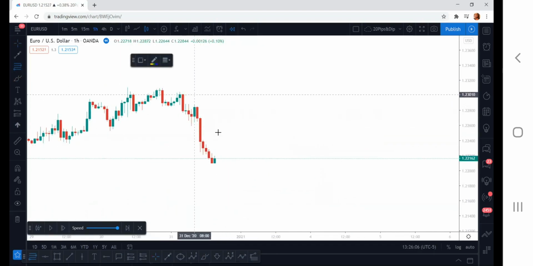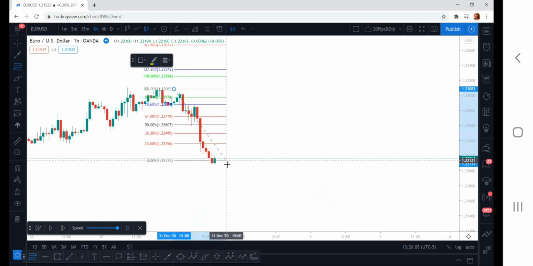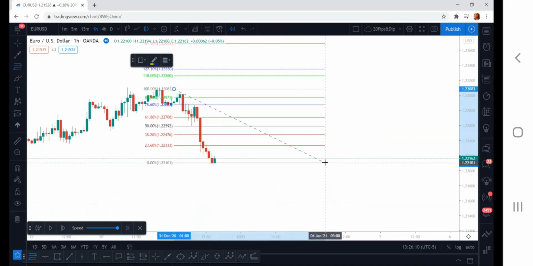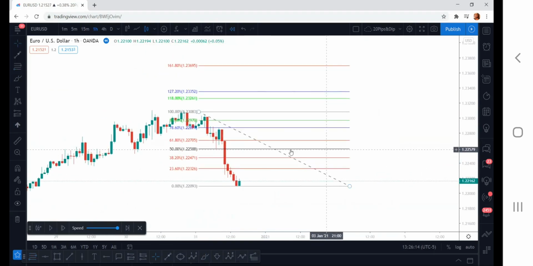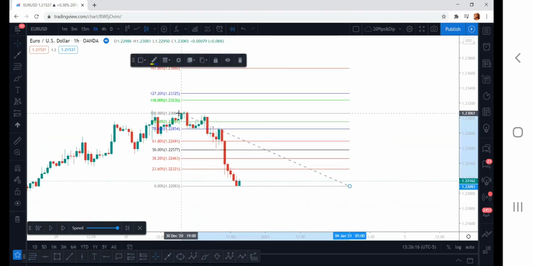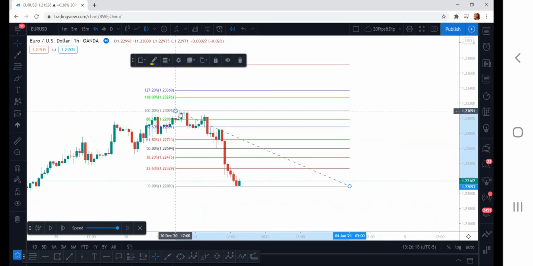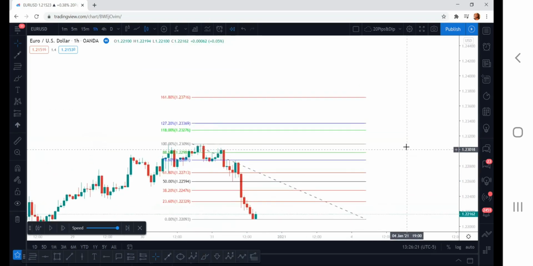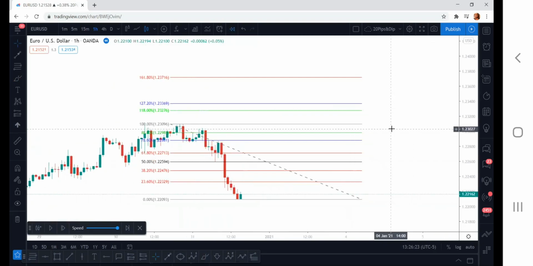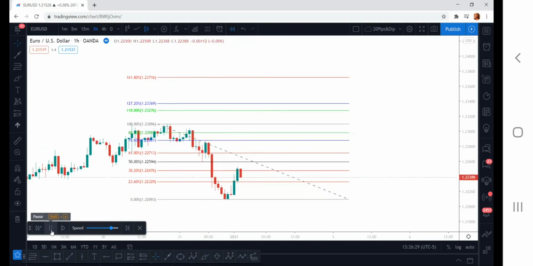I'm going to draw my fibs from swing high to swing low. Some people ask me, do you include the wick? I do include the wick. I'm going to go to the very top boundary right here. All right, and let's see how this market played out in the Fib 2.